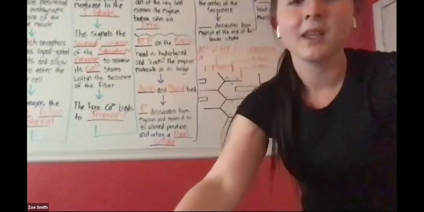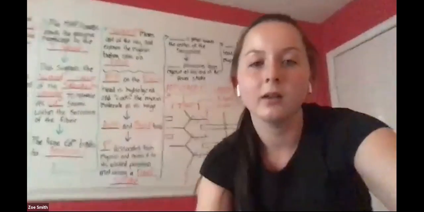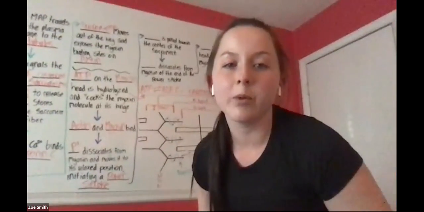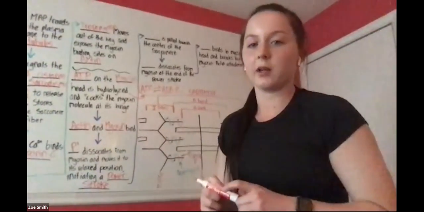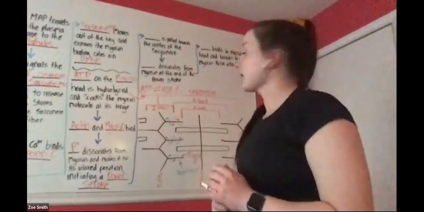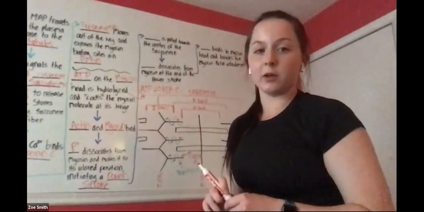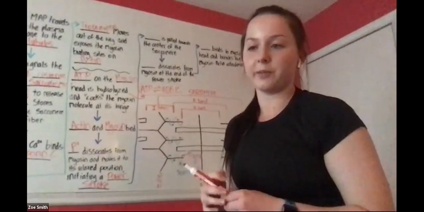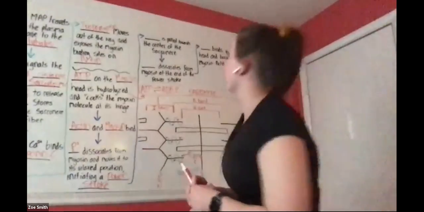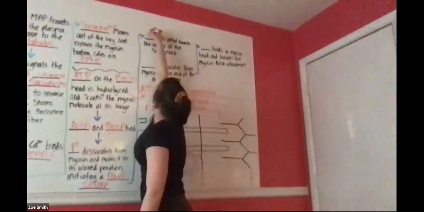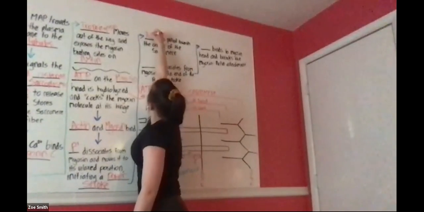Awesome. Okay. Moving on. Blank is pulled towards the center of the sarcomere. So the actin molecule, or I should say protein, is pulled towards the center of the sarcomere. So up here, let's put actin.